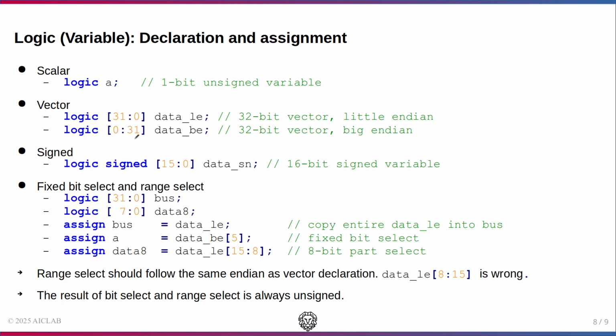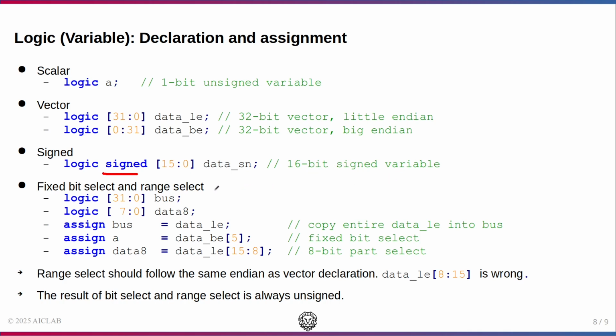Or [0:31], you define a 32-bit vector, big endian. Because you don't use the signed keyword, all of these declarations are unsigned. To make your signal signed, you should use the signed keyword. So in this example, logic signed [15:0] data_SN, you define a 16-bit signed variable.